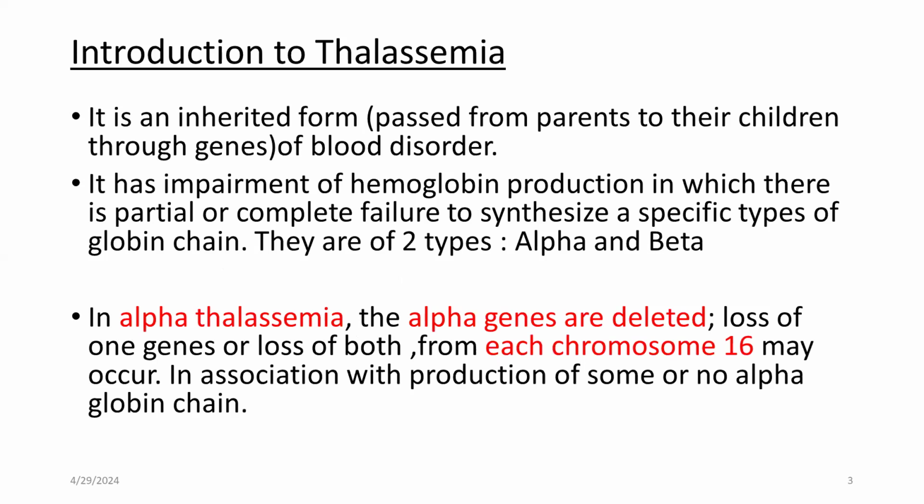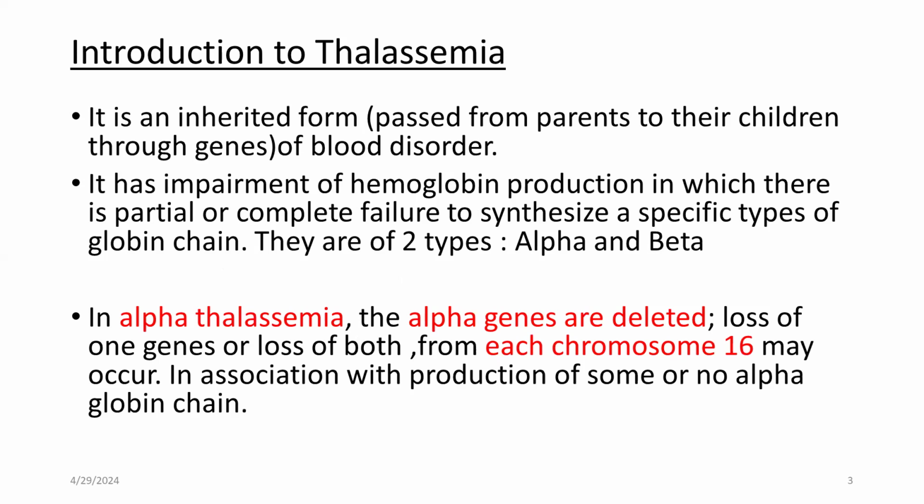As you know, thalassemia is an inherited blood disorder passed from parents to their children through genes. It has impairment of hemoglobin production in which there is partial or complete failure to synthesize specific types of globin chain. There are two types, alpha and beta.